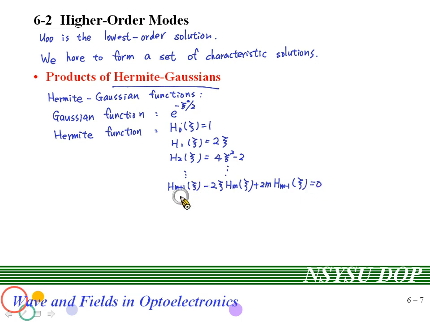The higher order Hermite function must satisfy this relationship. So from this relationship, you can find any order of Hermite function. For example, by using this relationship, you can find that the third order Hermite function will be like this.